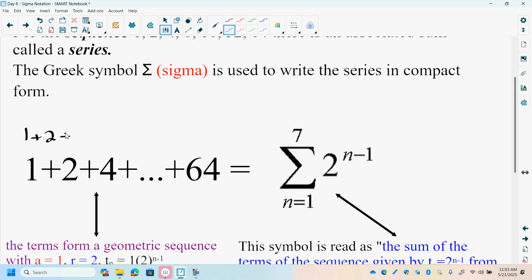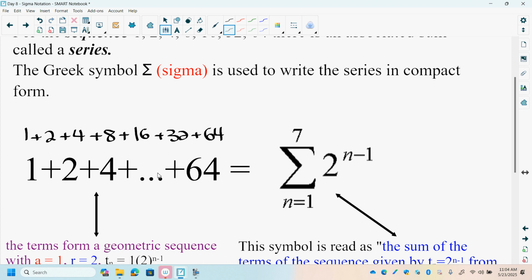So instead of writing 1 plus 2 plus 4 plus 8 plus 16 plus 32 plus 64, which didn't take me that long because there's only 7 terms, I could write it like this. Okay? The advantage to sigma notation comes when you have like 20 terms or 50 terms or 100 terms.